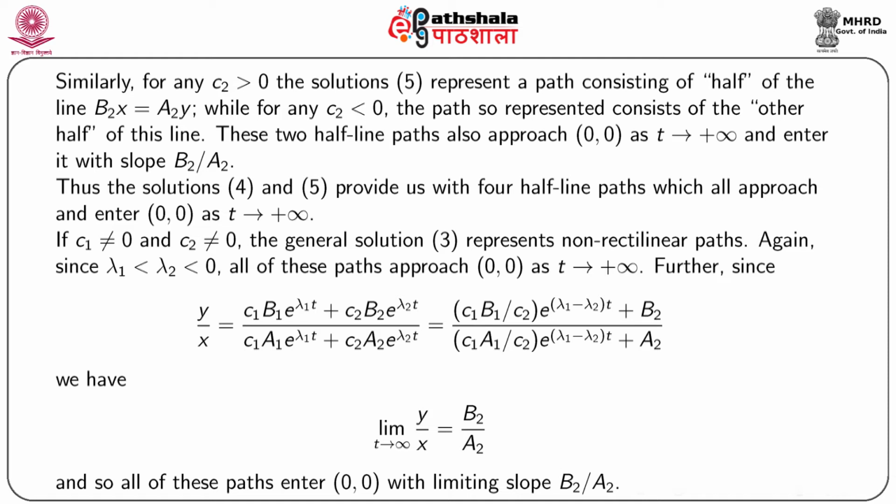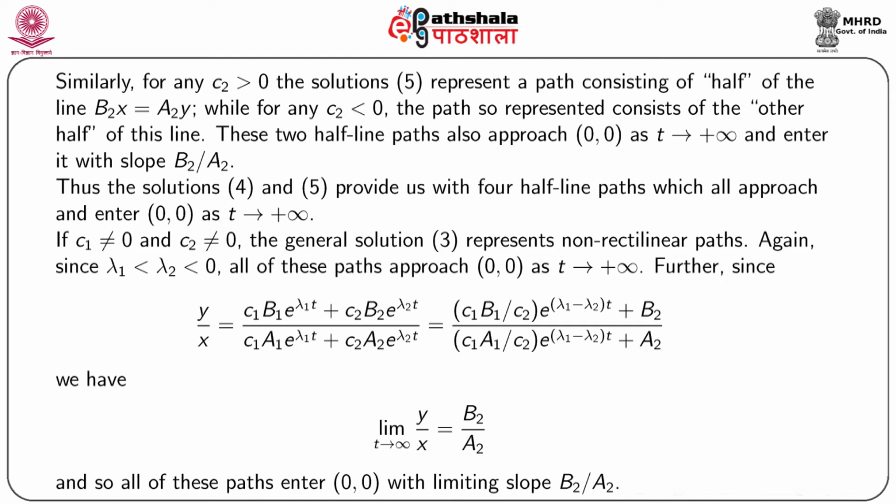This term also tends to 0 as t tends to plus infinity, and hence we will have the limit as t tends to plus infinity of y by x equal to b2 by a2. And so, by definition, these paths will enter (0, 0) with a limiting slope b2 by a2.